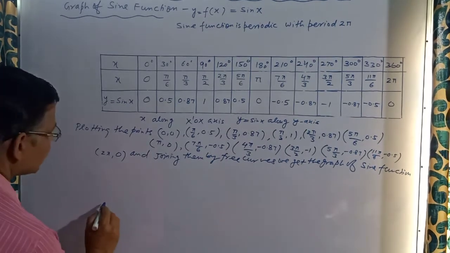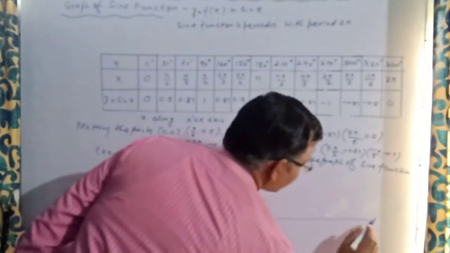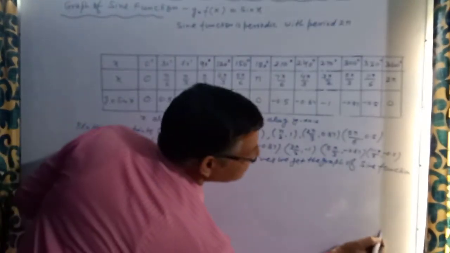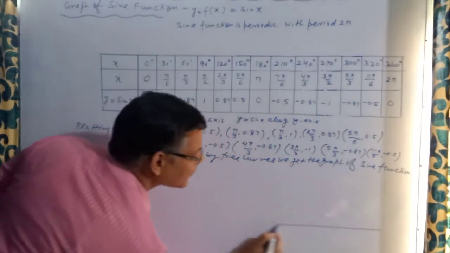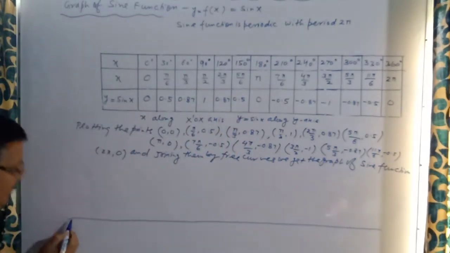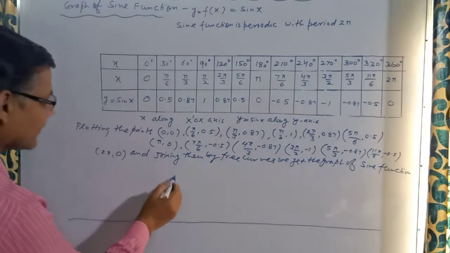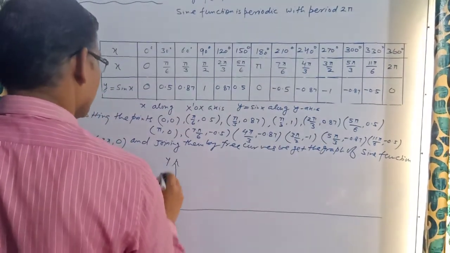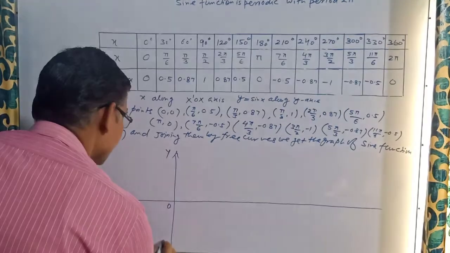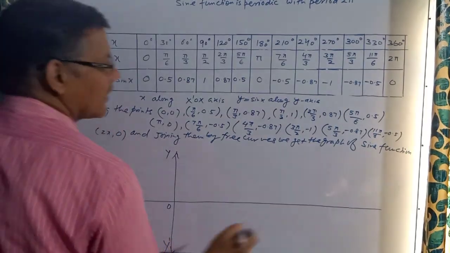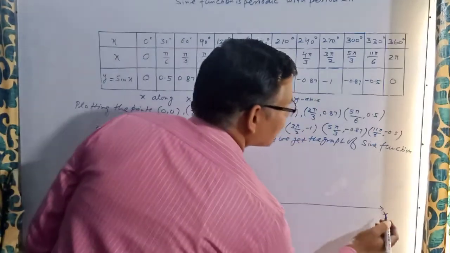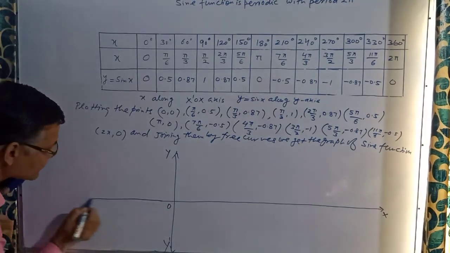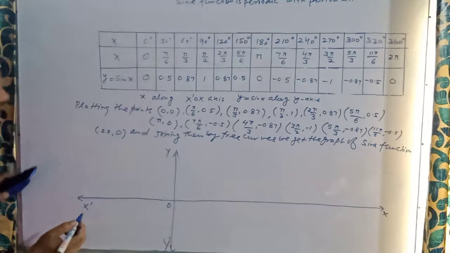Now just take the x-axis. This is one line as x-axis, so it is your horizontal line. Take here one vertical line, and that is the y-axis. From this part we take x.